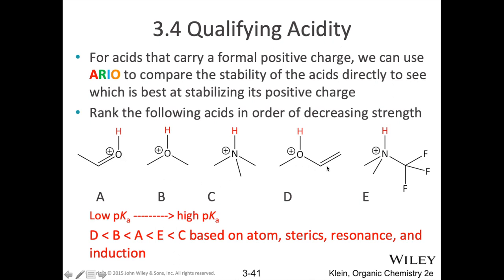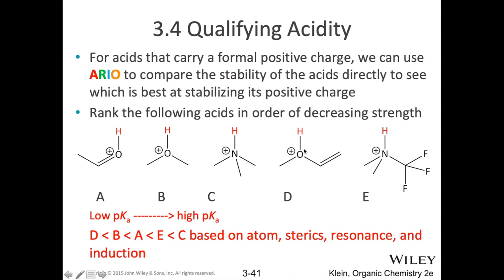And we see that D actually gets destabilized. Essentially, the pi electrons moving away, there's a lone pair, you don't see it here, that gets pulled away by these pi electrons, which makes this positive charge even more unstable, and therefore a stronger acid.